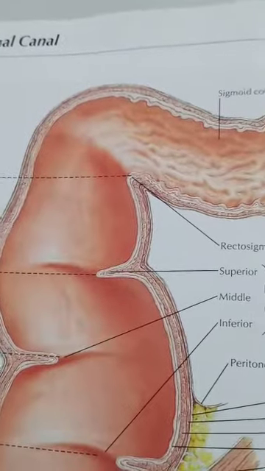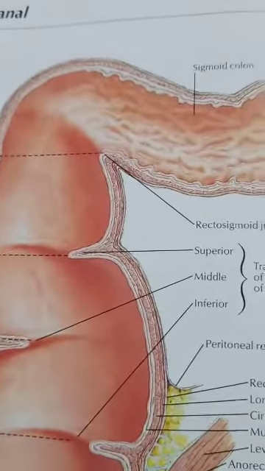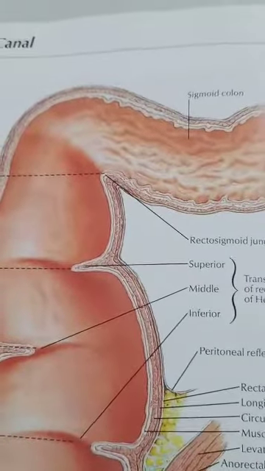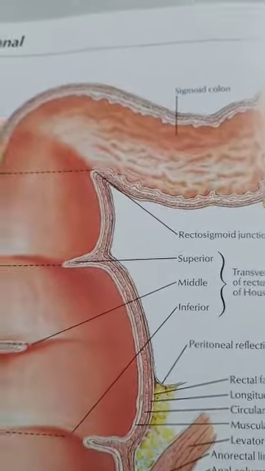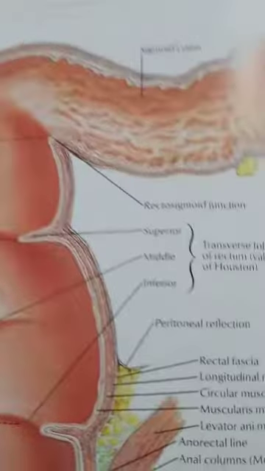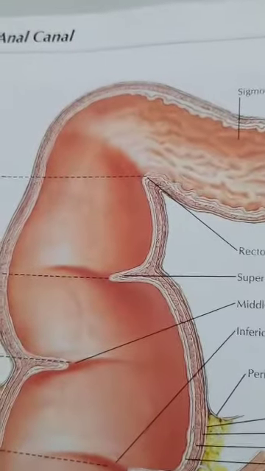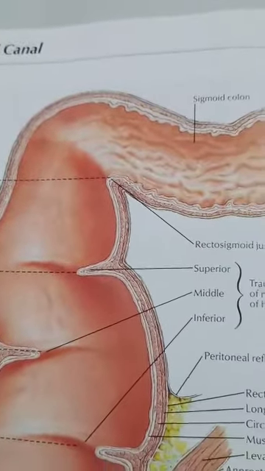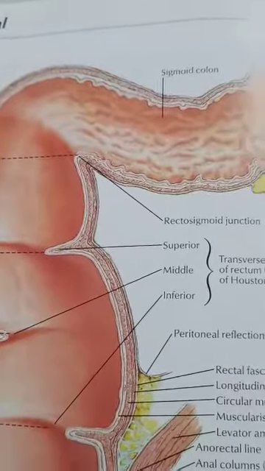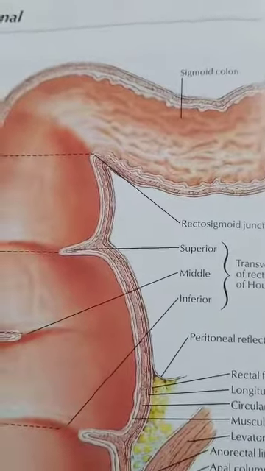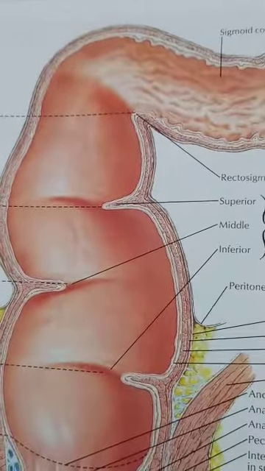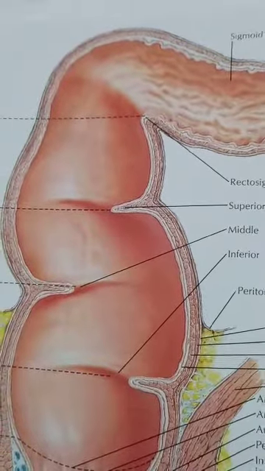The transverse or horizontal folds are known as valves of Houston. They are permanent mucosal folds, and they are three in number: one, two, three.